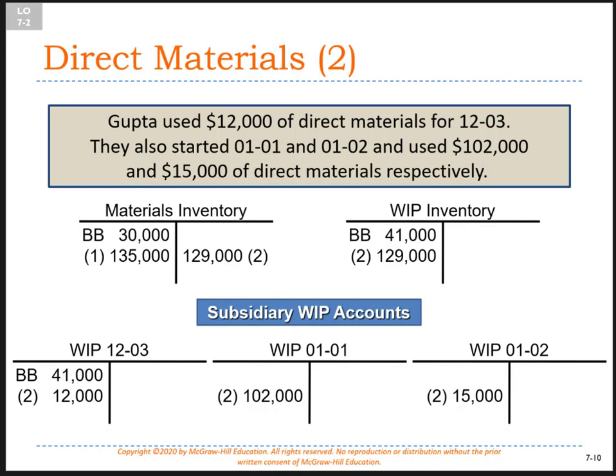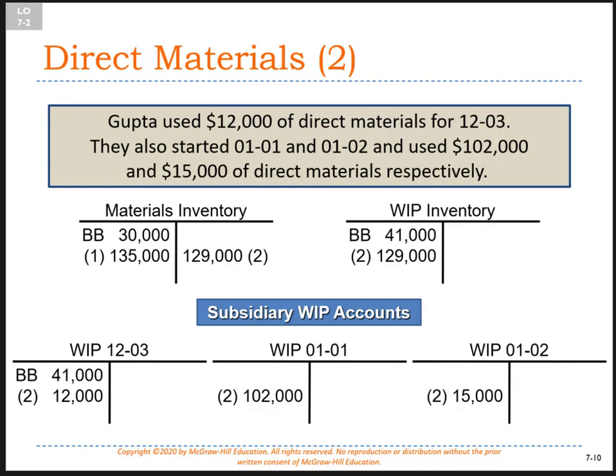Now, I want you to focus on the bottom part, the subsidiary accounts, because the work in process inventory on the top right is really just a summary of the three work in process accounts below. And if you get them correct in most systems, then the top one will be right.